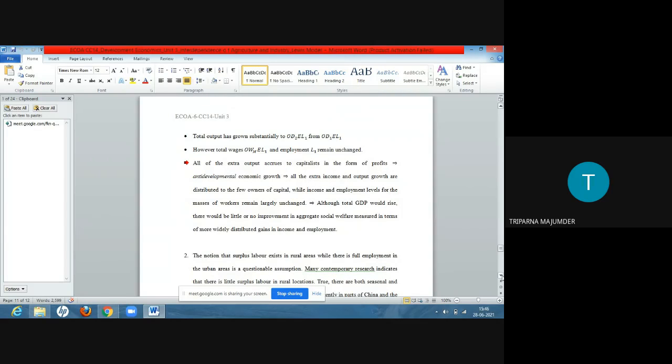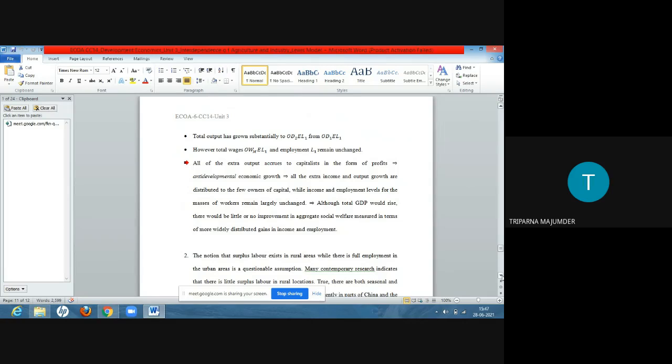So all of the extra output accrues to the capitalists in the form of profits, which implies anti-developmental economic growth. That is, all the extra income and output are distributed to a few owners of capital, while the income and employment level for the mass of workers remain largely unchanged.